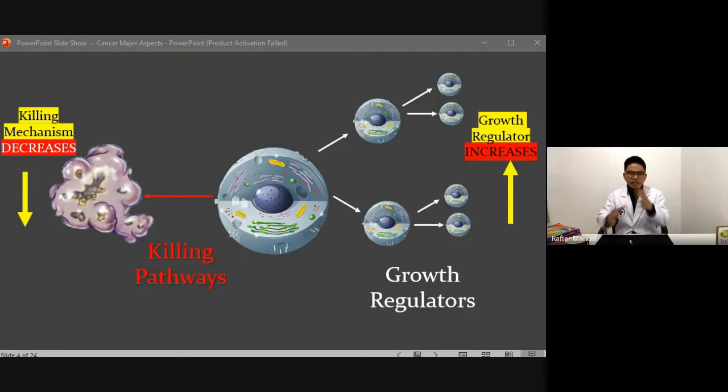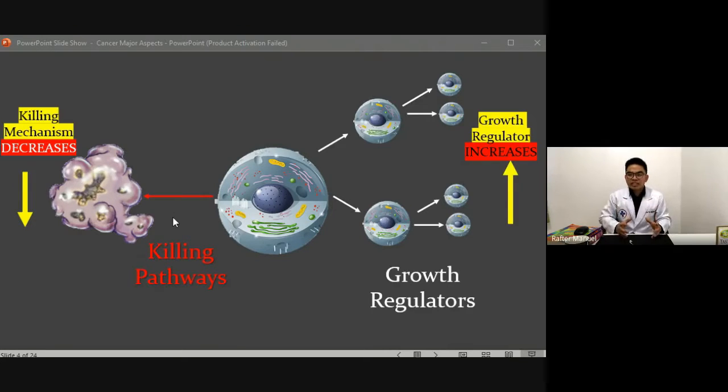That is why the growing division in the cell and the killing division of the cell alter this normal cell process because they are faulty. Eventually, what will happen is that the cell is going to divide and divide and divide. They won't stop dividing and they won't be killed. Why? Because, you know, the process has been altered.